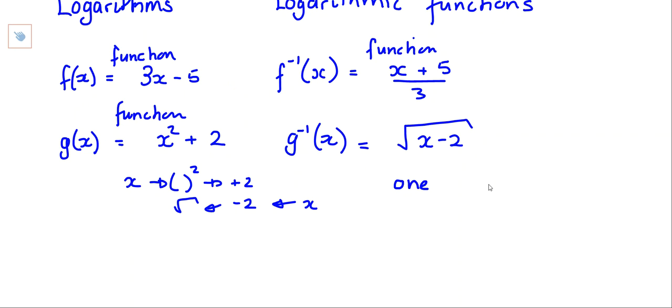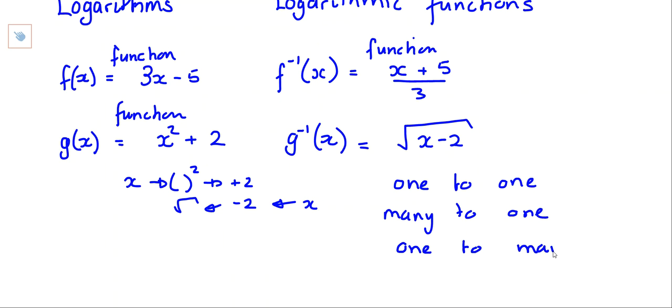We either have a one-to-one function, a many-to-one, or a one-to-many. Now what does this mean? Well, if it's a one-to-one, it means one input will give one output only.